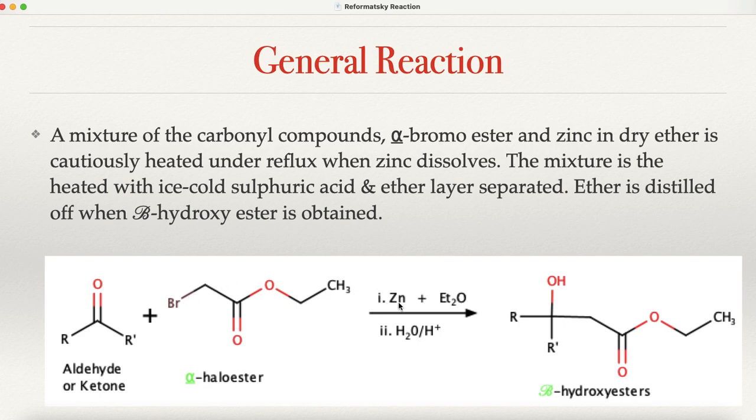The reagent is zinc in ether. The product of this reaction is the beta hydroxy ester. This is the ester functional group. This is the alpha carbon. This is the beta carbon. On the beta carbon there is the hydroxy group. So this is the beta hydroxy ester.